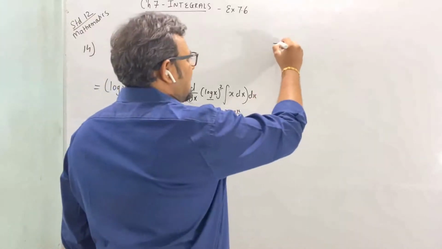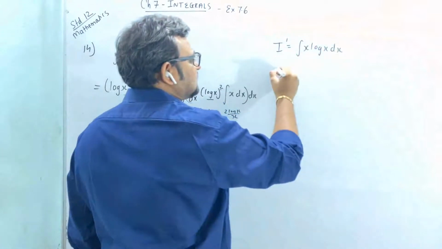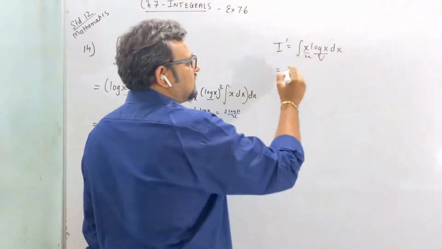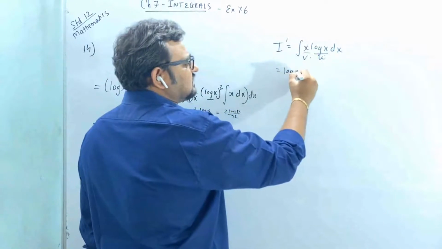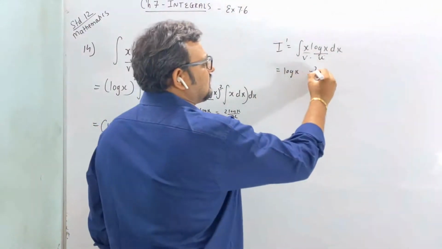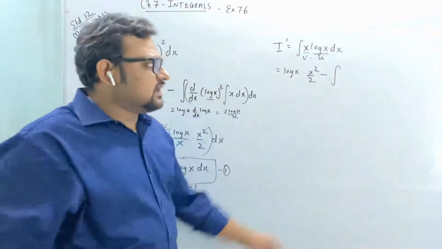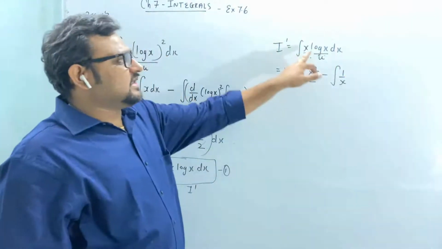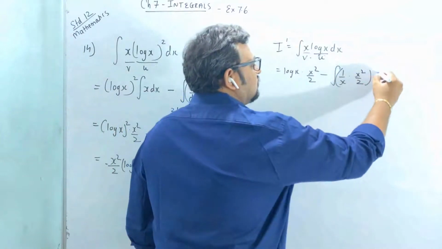So now I dash is equal to integration of x log x dx. So again, u and v. So log x as it is, integration of x. Now I'm writing directly. What is integration of x? x square by 2, minus integration of derivative of u, derivative of log x, 1 by x, into integration of x, x square by 2 dx.